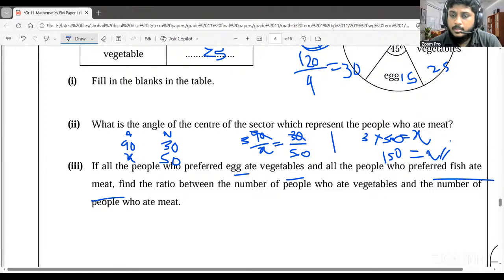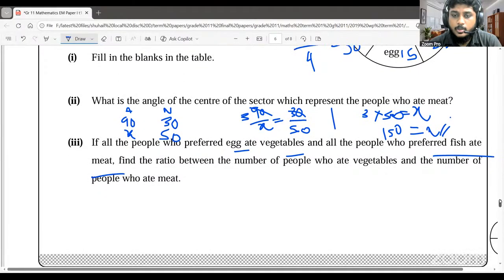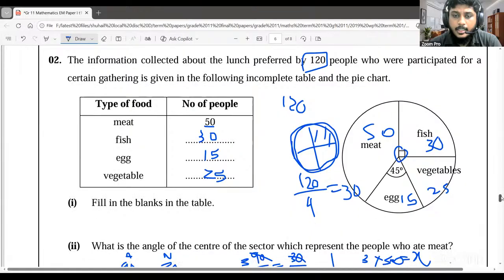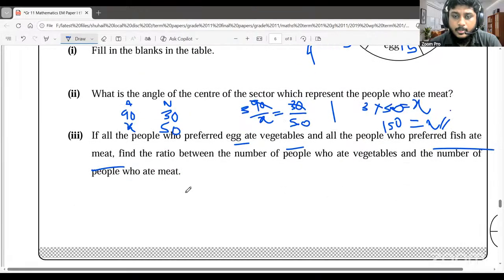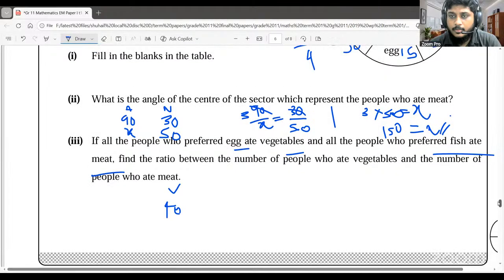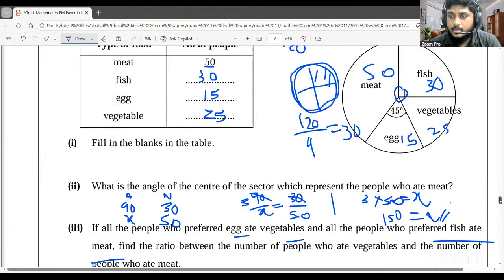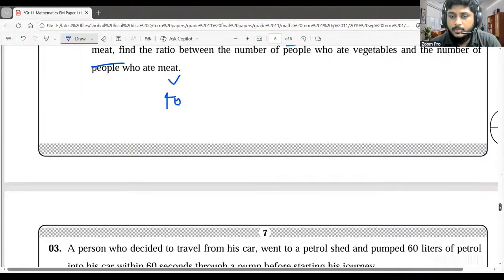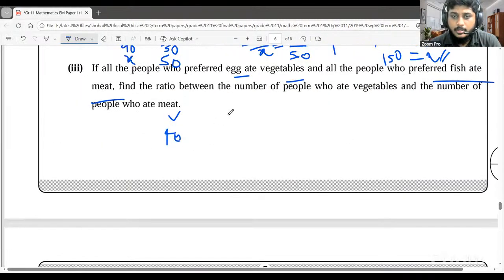Fish is 30, meat is 50, that is 80. So for meat we put 80.